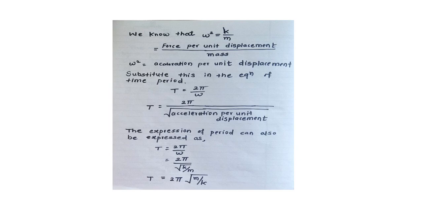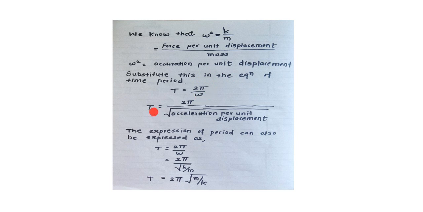Now we know that omega squared equals k by m, meaning force per unit displacement upon mass, and omega squared equals acceleration per unit displacement. Substitute this in the equation of the time period, T equals 2 pi by omega.